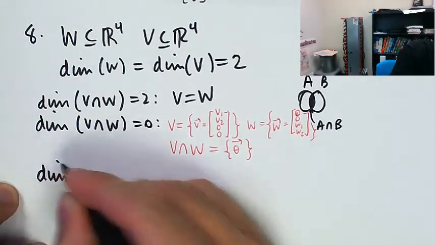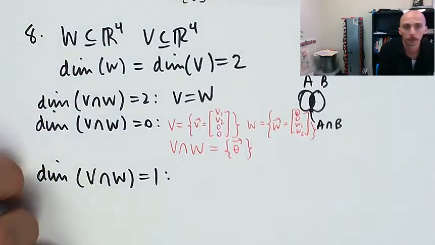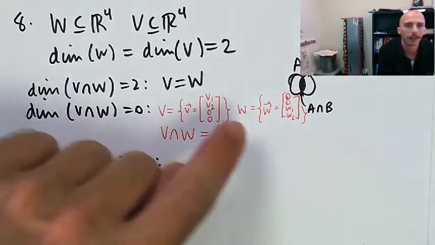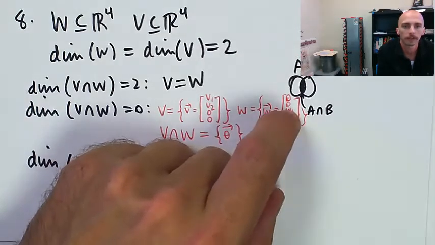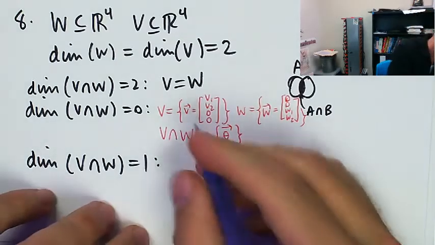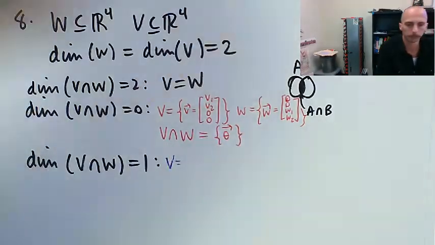So then there's one more. I feel like dimension of V intersect W equals 1 is possible if, say, I just shifted this W1 up there. Okay, so I'll switch up the color and write this for you.